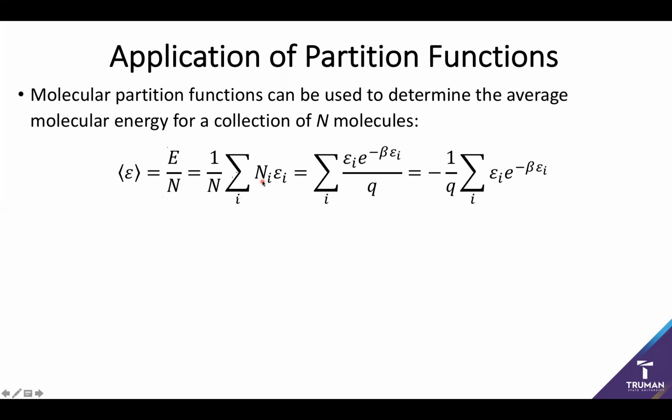So from here, we can make use of several of our features in describing the number of molecules in any given state. We already described this as essentially the Boltzmann distribution.